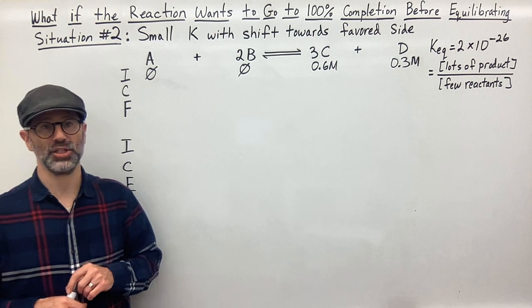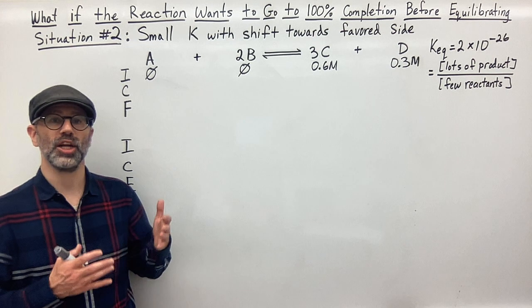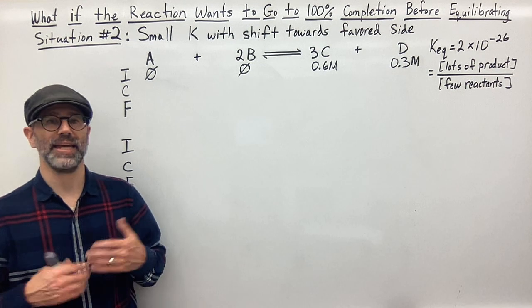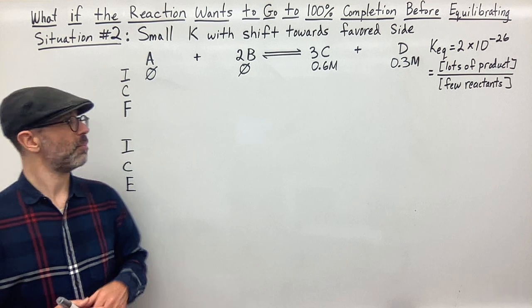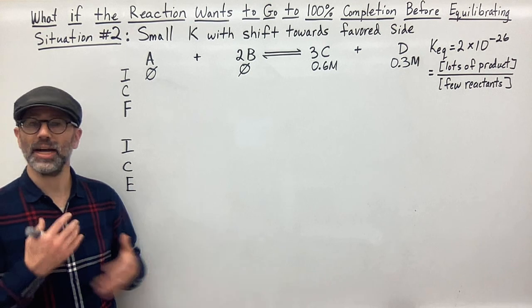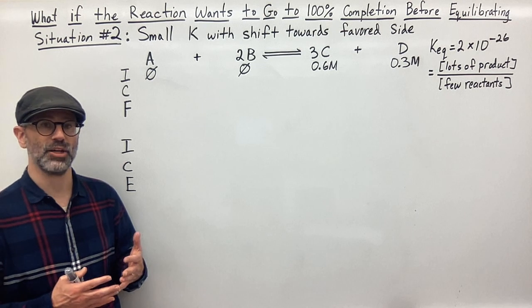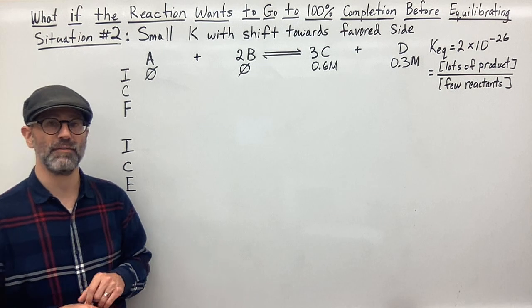So in this situation, instead of starting with a problem where K is large, you have a K that is small. But the strategy is still the same. So here you have a very small K value, and it's going to shift towards the favored side.